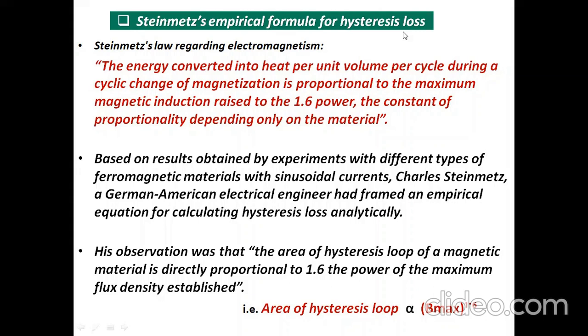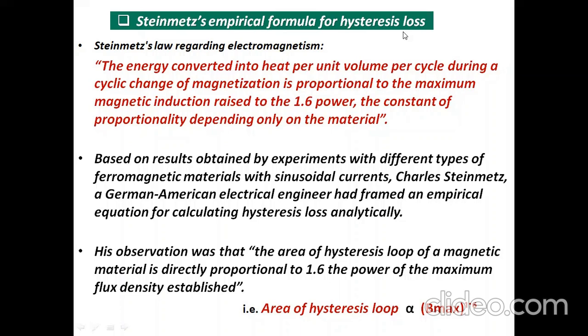Based on results obtained by experiments with different types of ferromagnetic materials with sinusoidal currents, Charles Steinmetz, a German-American electrical engineer, framed an empirical equation for calculating hysteresis loss analytically.